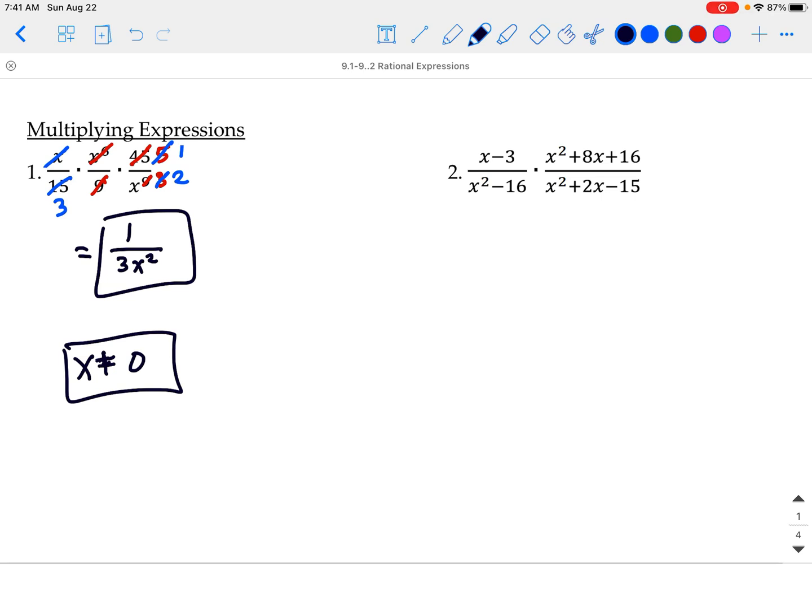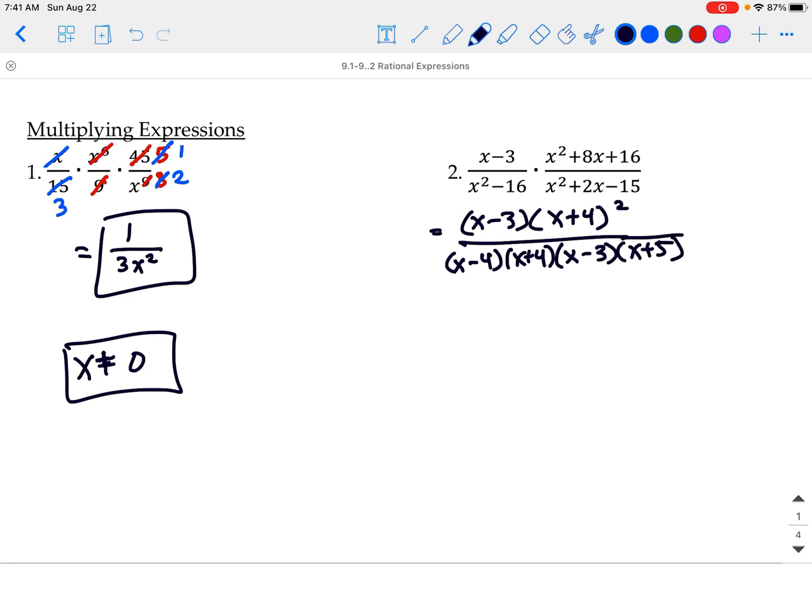For number 2, if we've got binomials as opposed to these monomial terms, now we'll want to factor first. So we're going to get x minus 3 times that quadratic, which looks like it is x plus 4 quantity squared, all over x minus 4 times x plus 4, factoring the difference of squares, times x squared plus 2x minus 15, which is x minus 3 times x plus 5, it looks like.